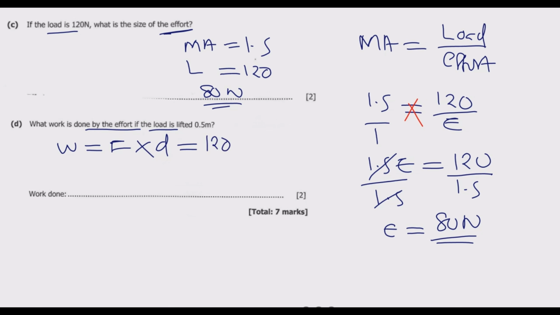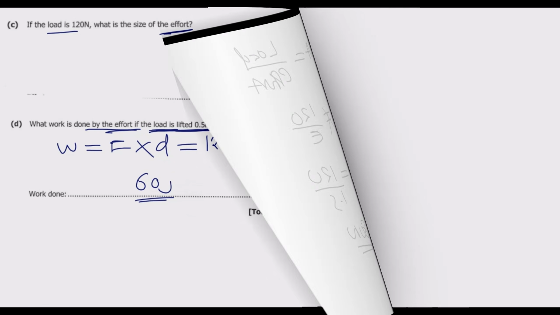Work done is the load multiplied by the distance, which is the vertical height, in this case 0.5. Then we are going to end up with 60 joules as work done by the effort to move this load. So basically this is how you answer this question to get the 7 marks.